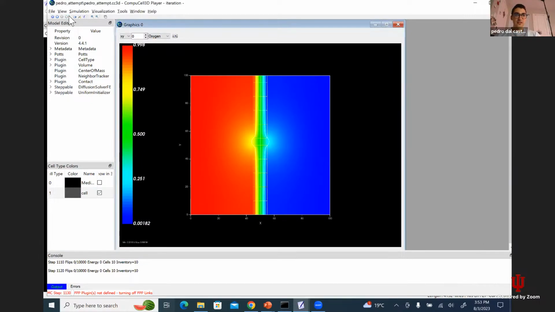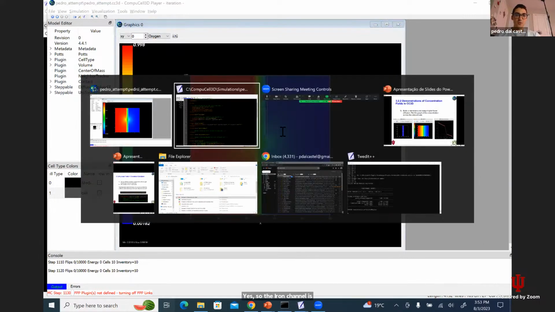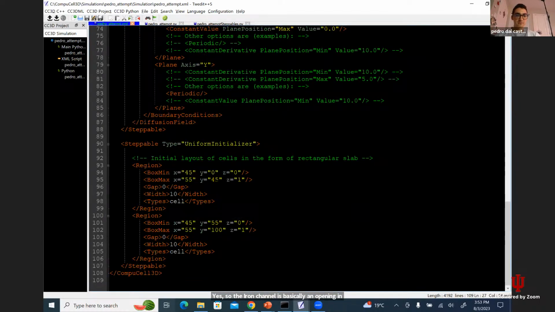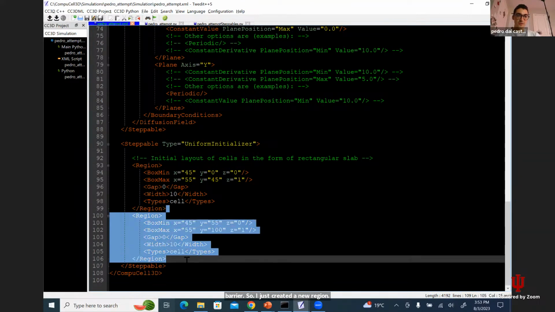Yes, so the ion channel is basically an opening in my barrier. So I just created a new region. I could create more regions.